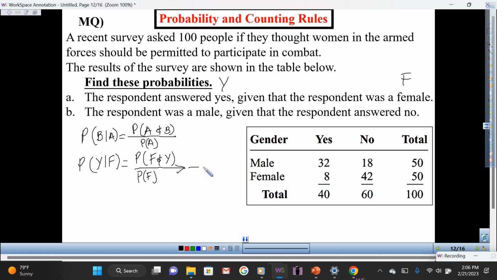All right, so let's substitute values. Let's go to where it's female and yes. So go to the table. Where's female and yes? I'm going to do that in blue. Female, yes, it's what? 8 out of what? 100, yes. So we write 8 over 100.